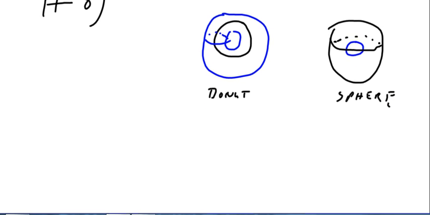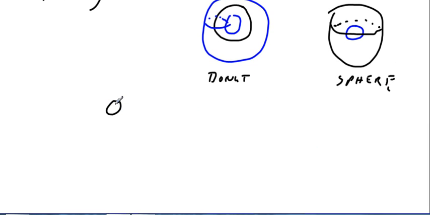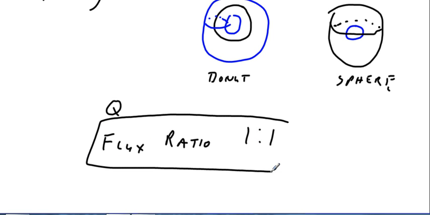Because the Q is the same in both cases, the flux has to be the same in both cases, and the flux ratio has to be 1:1. That's two simple ones in a row. I imagine that the next one won't be.